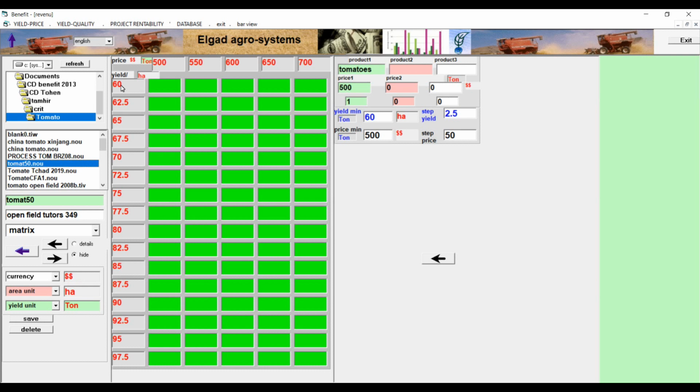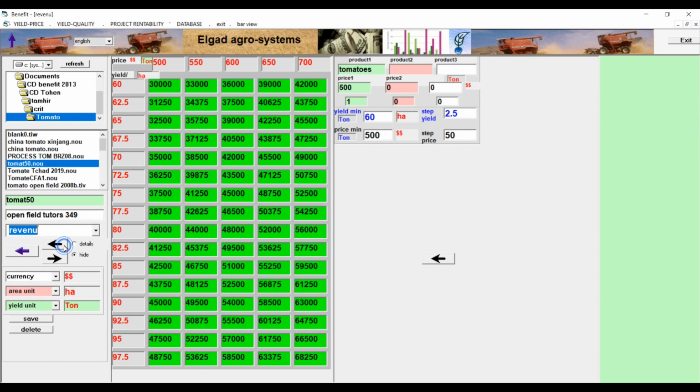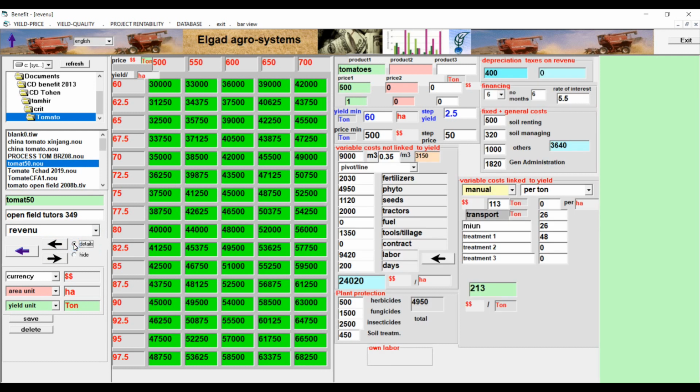So the yield will be between 60 and 97.5 with a step of 2.5 ton, and the price should vary from 500 to 700 with a step of 50. I can change all these numbers and change the matrix, but let us say that this is the one that I decide. And now I shall have the possibility to have a view on the revenue. Revenue is the income.